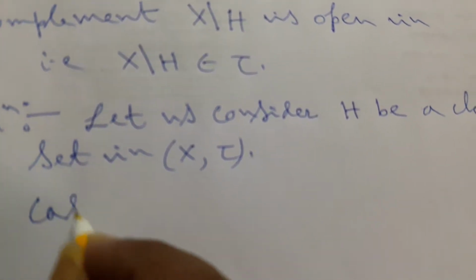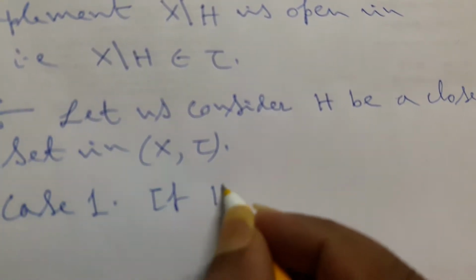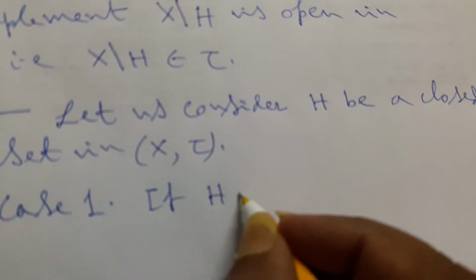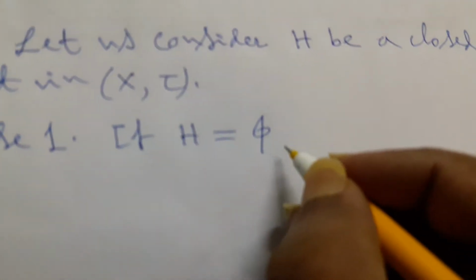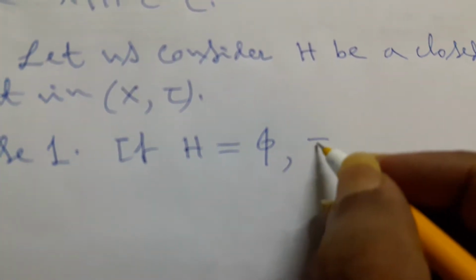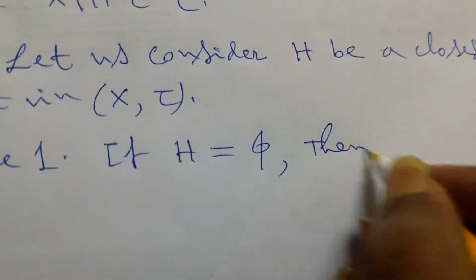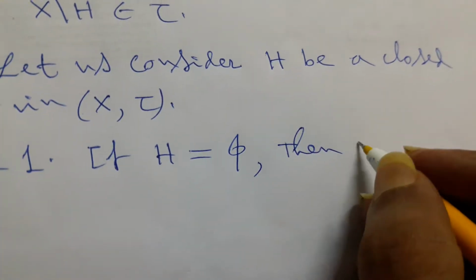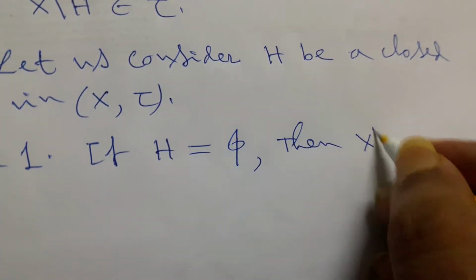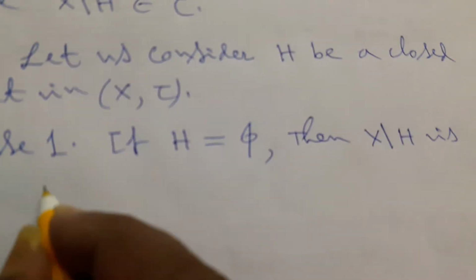Case 1: if H is equal to phi, that is, H is the empty set, then H is closed, so X minus H, the complement of H, is an open set.